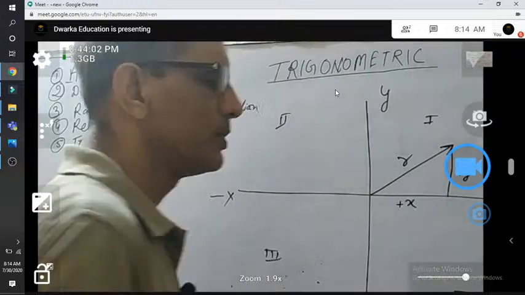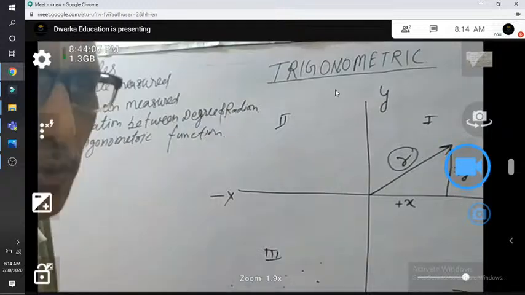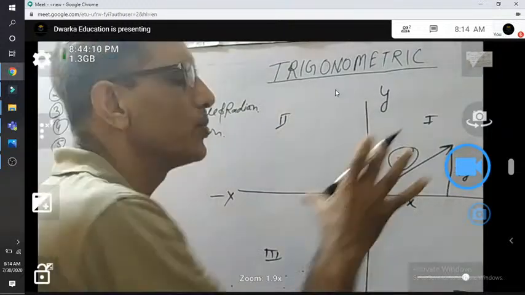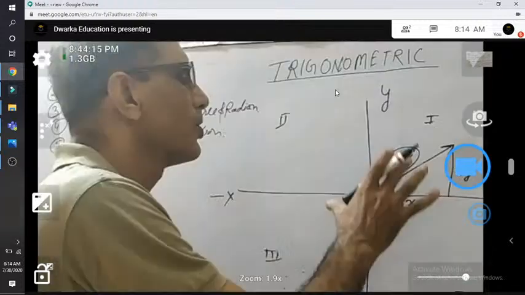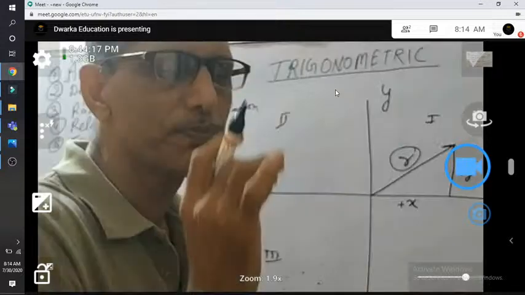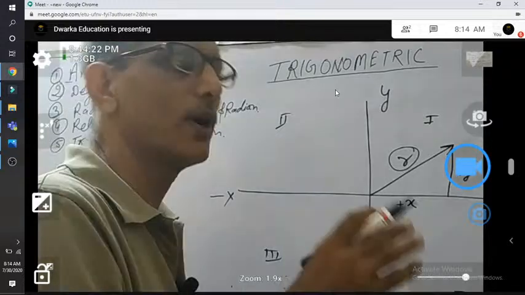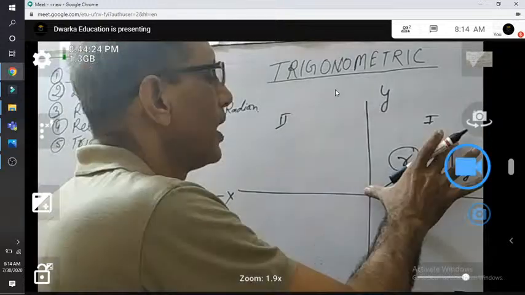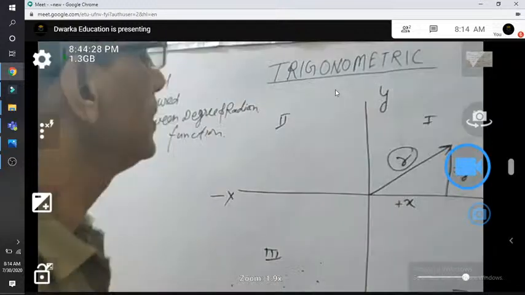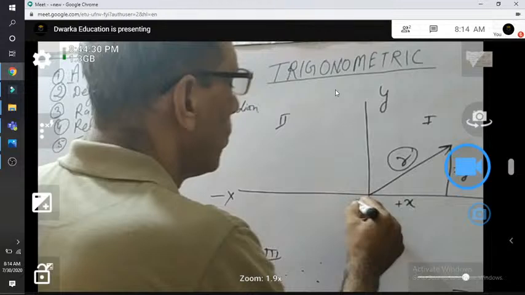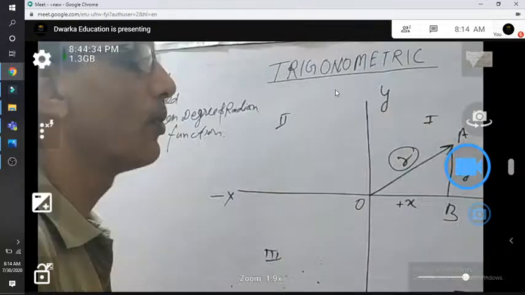But r is always positive because it is an absolute value, the magnitude of a vector. The magnitude of a vector is always positive, and r is always positive in all quadrants. So this is the absolute value of OA, and this is always positive.